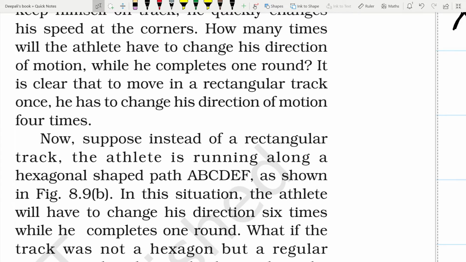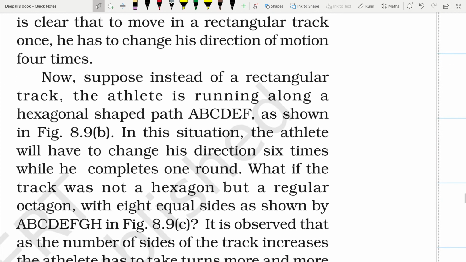In this situation, the athlete will have to change his direction 6 times while he completes one round because a hexagon has 6 corners. What if the track was not a hexagon but a regular octagon with 8 equal sides, A, B, C, D, E, F, G, H, as shown in the figure?